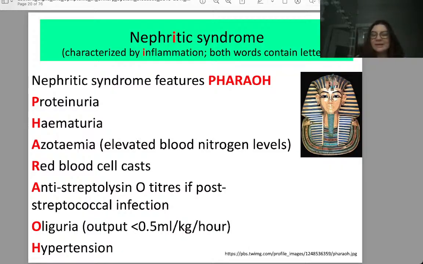One more time, A is antistreptolysin O titers if post-streptococcal infection, O is oliguria, output less than 0.5 milliliters per kilogram per hour, and H is hypertension.